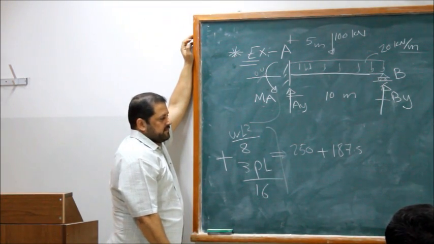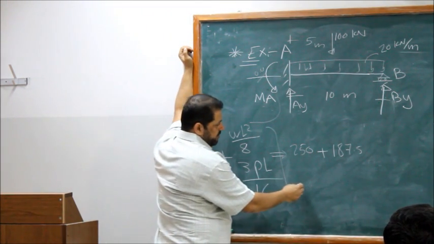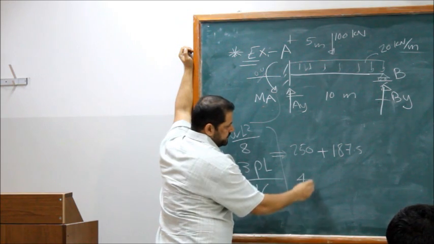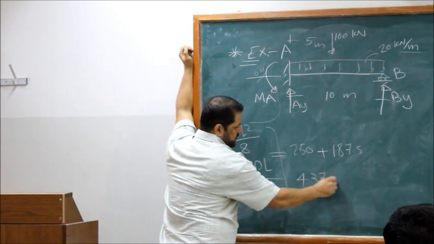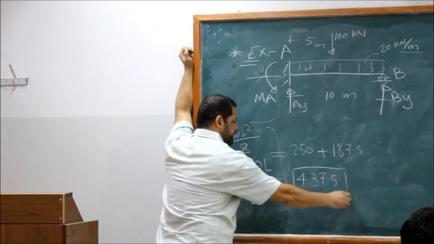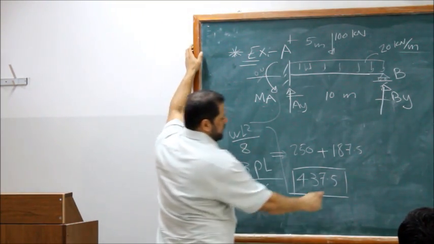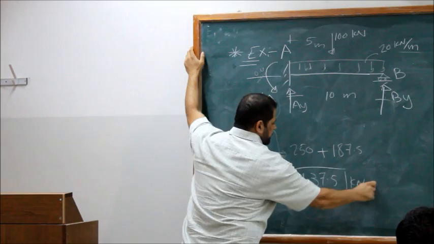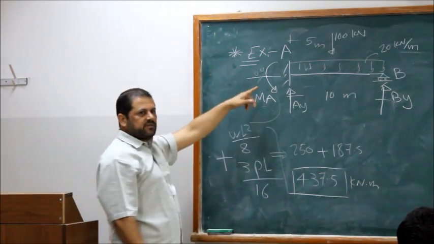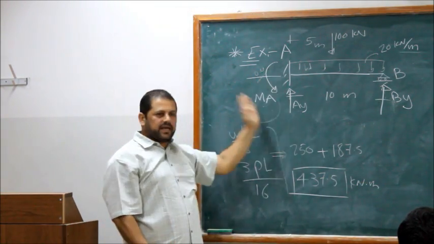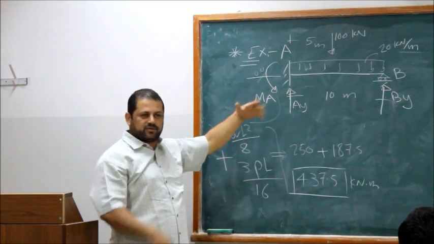That gives 437.5 kN·m. So someone asks, is this positive or negative? That's it. This is the direction of the magnitude. You don't have to say it, positive or negative.